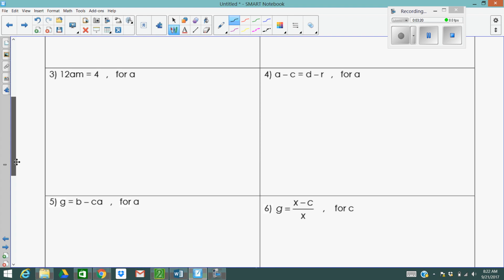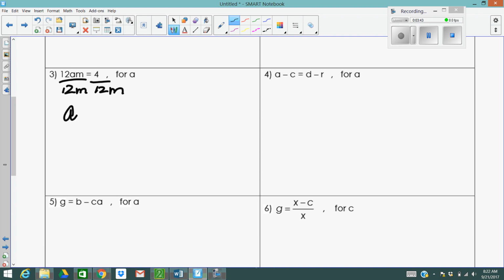Number 3, I want to solve for a. So on the same side as a, I have a 12 and I have an m. I have 12 times a times m, so I can get rid of the 12 and m by dividing, because division undoes multiplication.